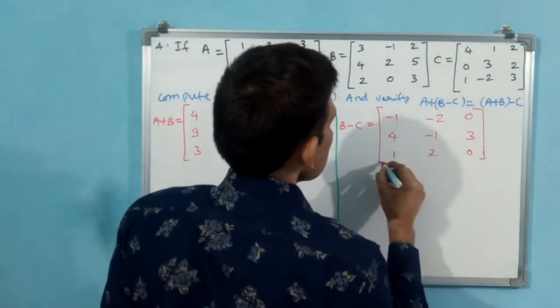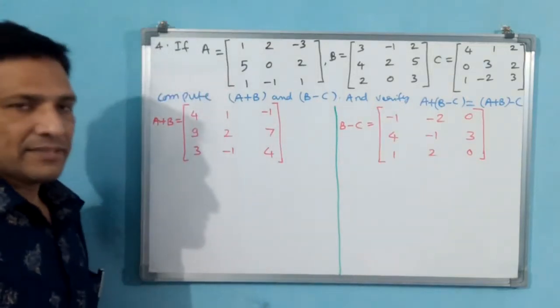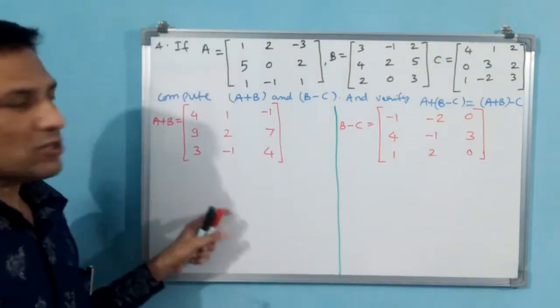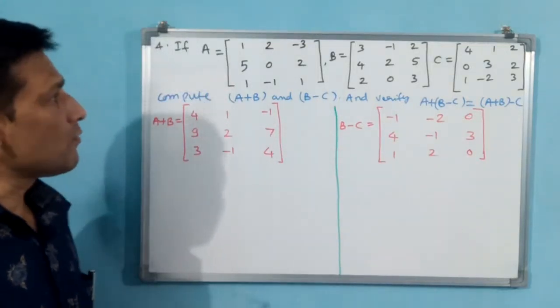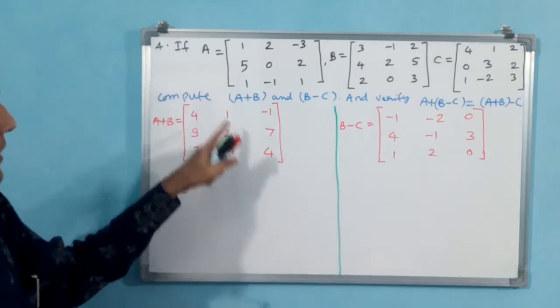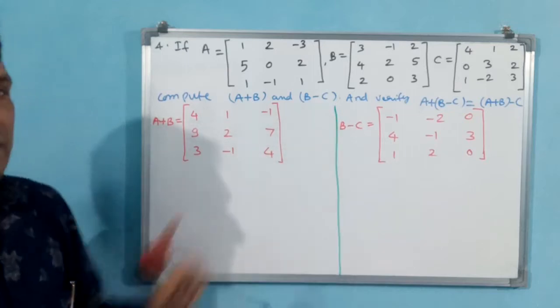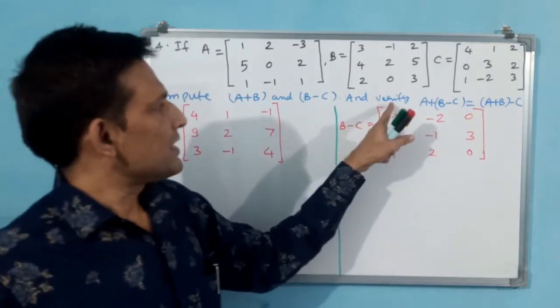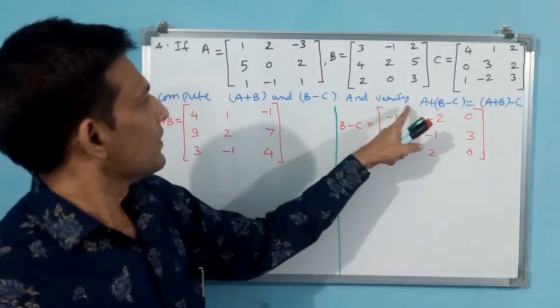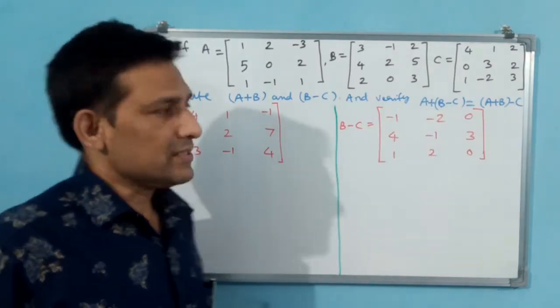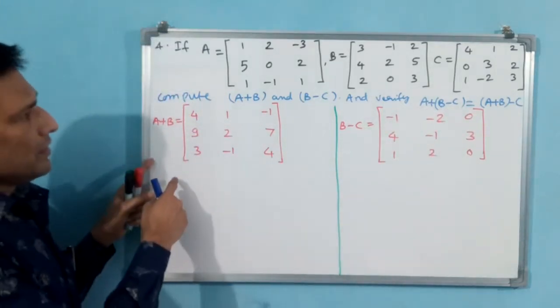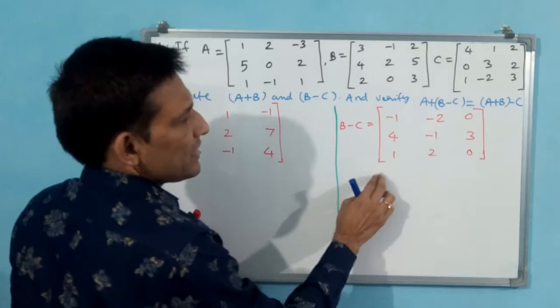Okay. Now you have got these two matrices. A plus B matrix you have got. B minus C matrix also you have got. Now what you have to do? Here 50% question over. Compute A plus B, B minus C over. Now he is asking to verify A plus B minus C. B minus C is here.